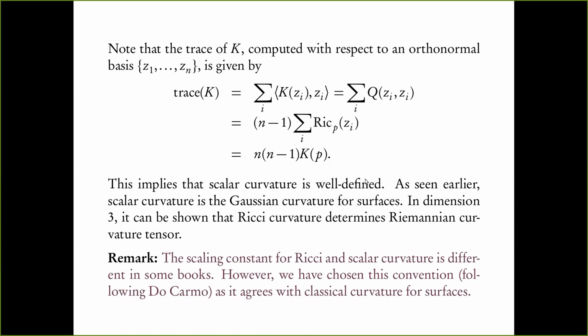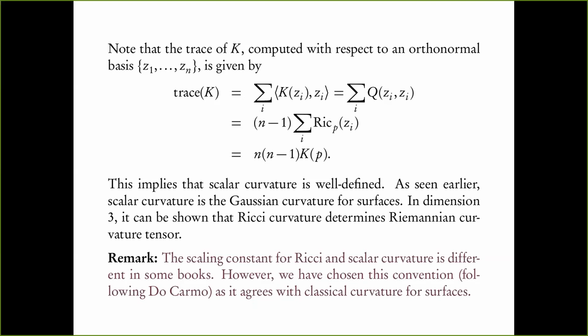Yeah. Okay. So as I was saying, the remark is that we had some scaling constants while defining the Ricci and the scalar. So for the Ricci, there was 1 over n minus 1. For the scalar, there was 1 over n. So do Carmo uses this convention, and we are following do Carmo. Gallot, Hulin, Lafontaine, or some of the other texts don't use this convention, so they don't have a scaling factor. And there are reasons for choosing either one.